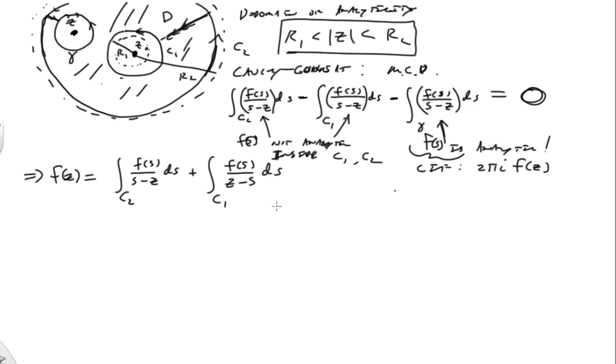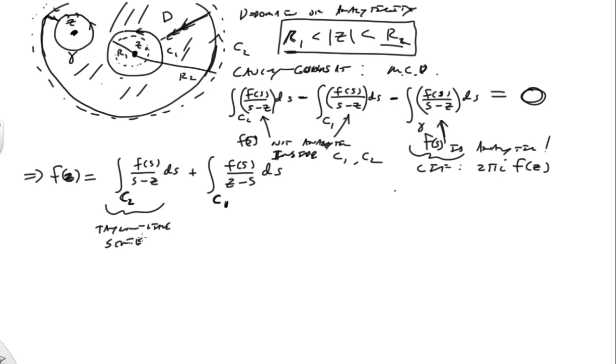All right. So now I have a way of representing f of z in terms of these two contour integrals together. And first note that, again, the contour C1 is going to be bounded, its radius is going to be below the modulus of z, the point at which we're interested in evaluating our function. Likewise, the contour C2 has a radius that's bigger. So the result here is going to be our Taylor-like series.